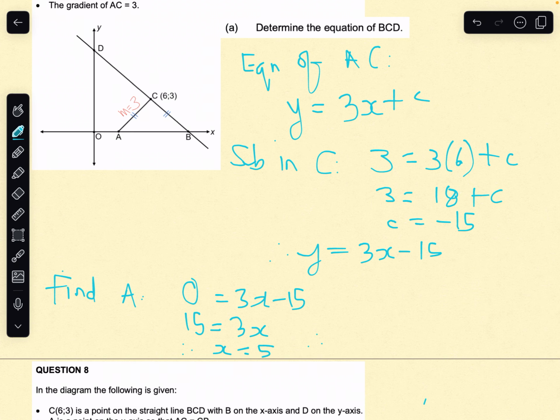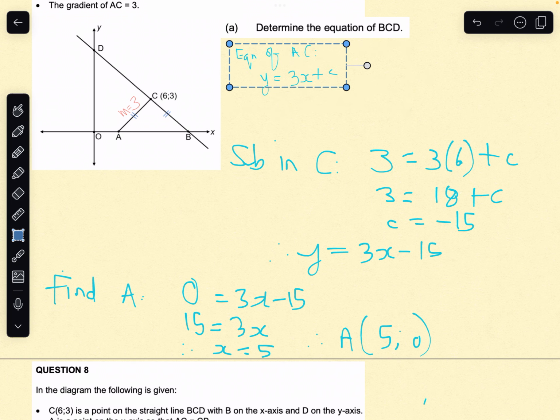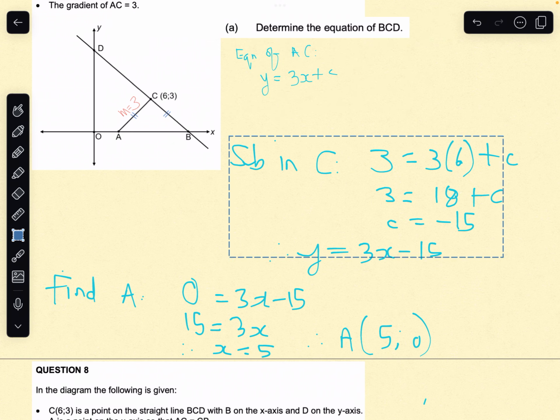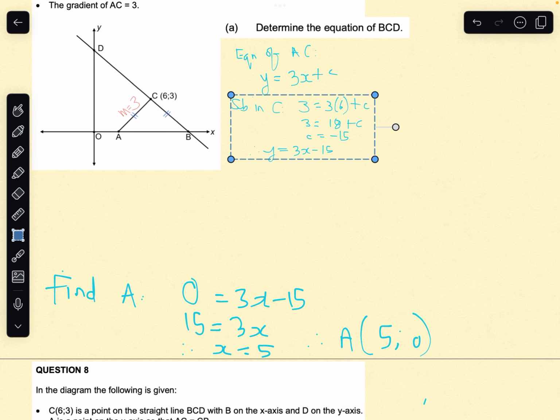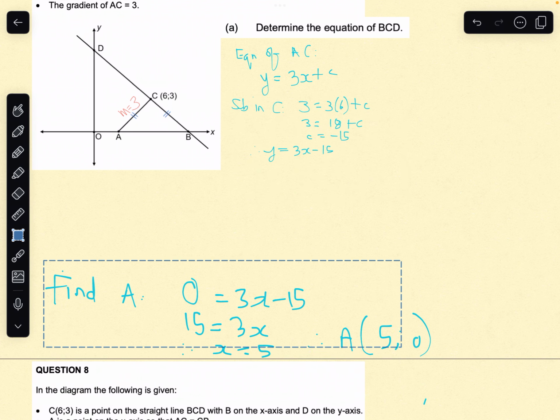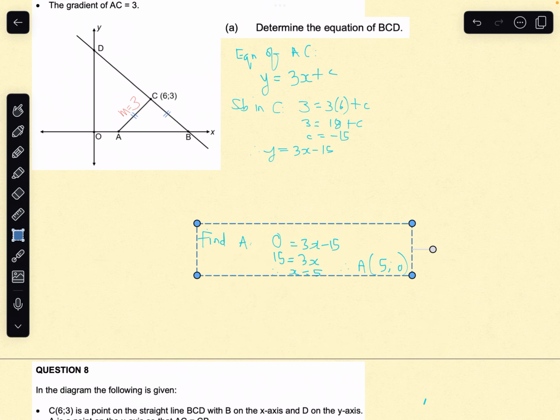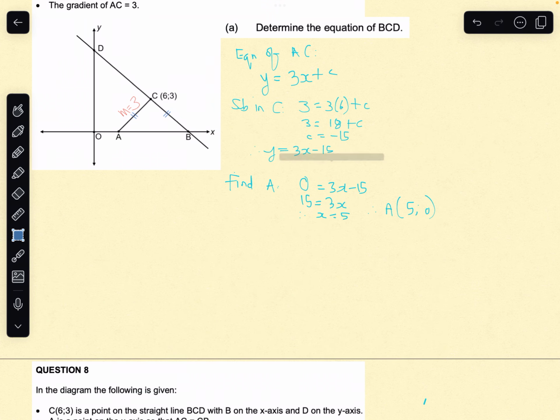So therefore the coordinates of A are 5, 0. Okay, so we now know that this is 5, 0.